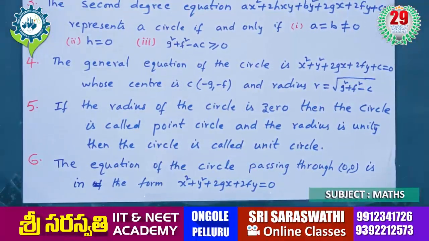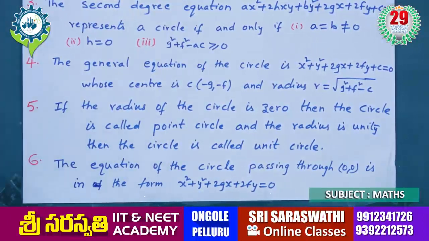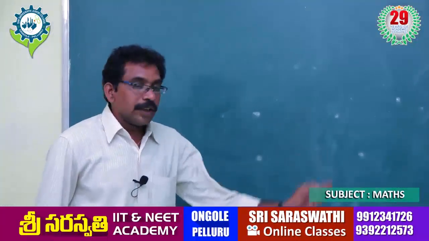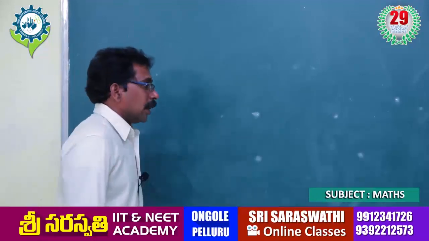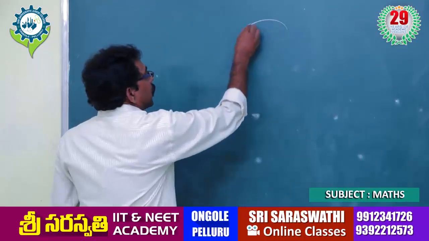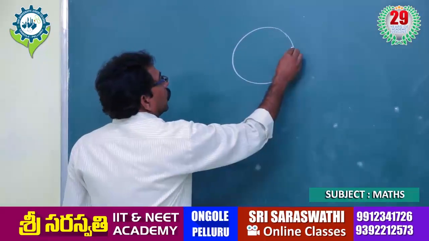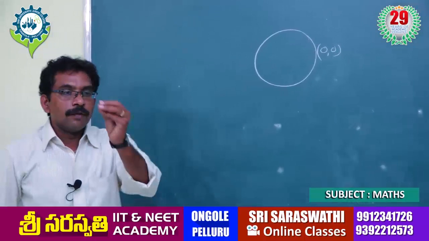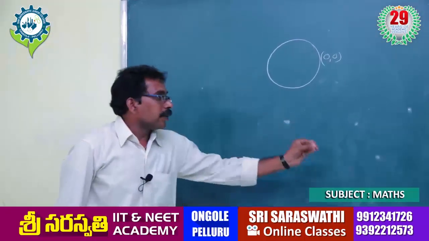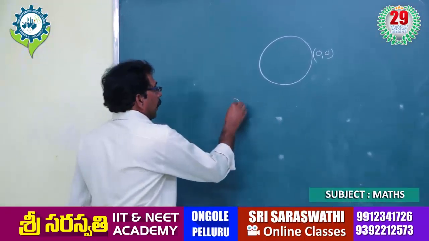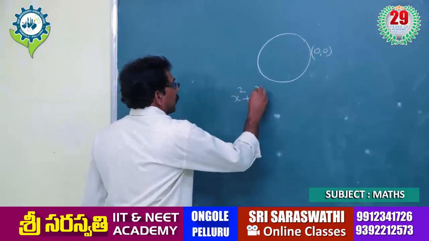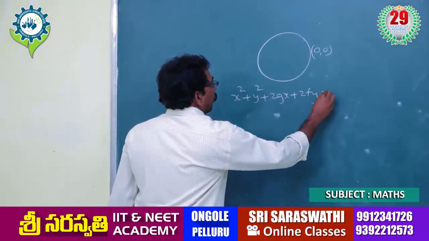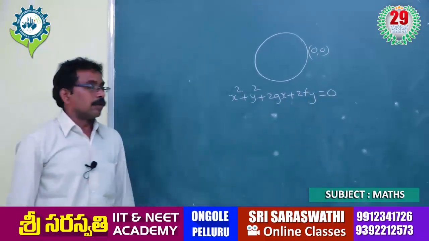This means the equation of the circle passing through 0 comma 0 is in the form of x square plus y square plus 2gx plus 2fy is equal to 0.